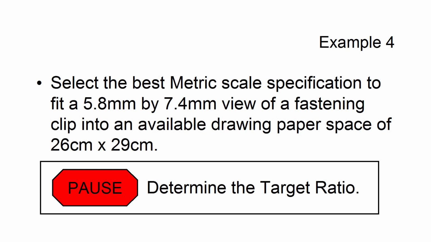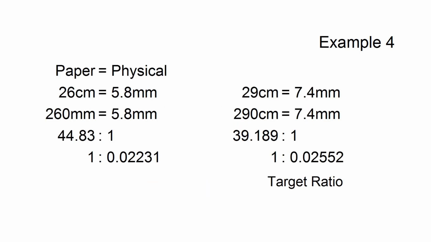In this example, we do have some options on how we want to view the ratio. Computing the ratio by dividing by the smaller side of this paper and physical side, we get ratios of 44.83 to 1 and 39.189 to 1.